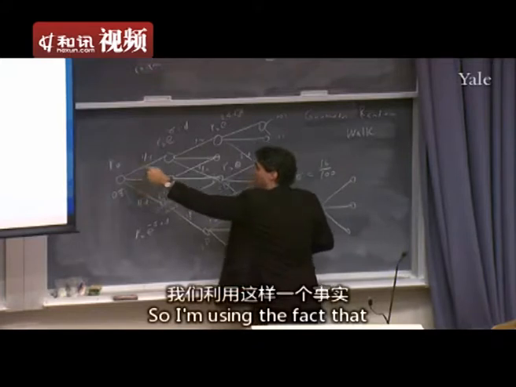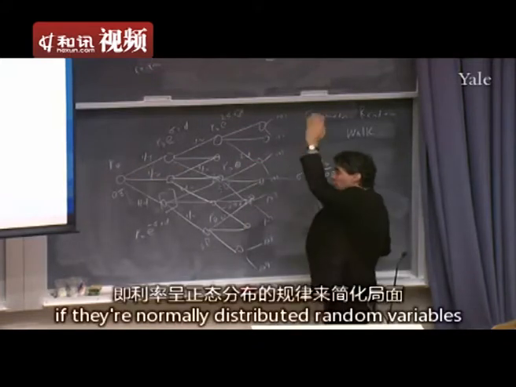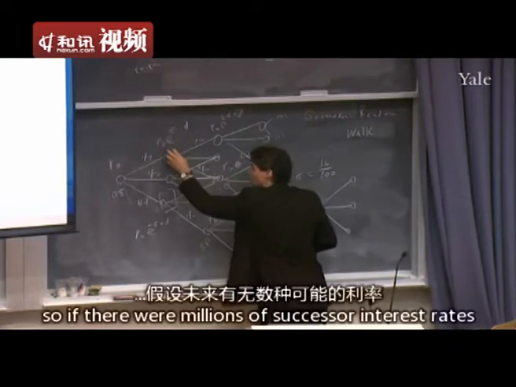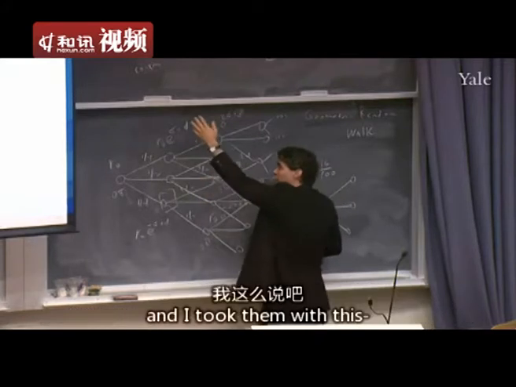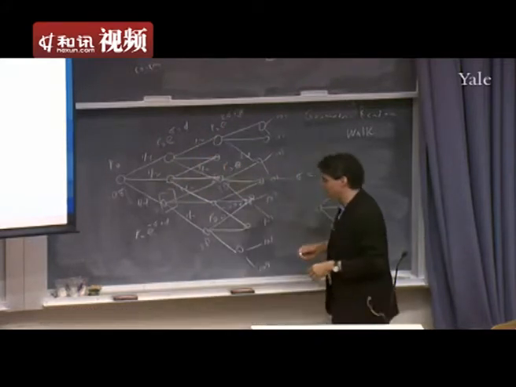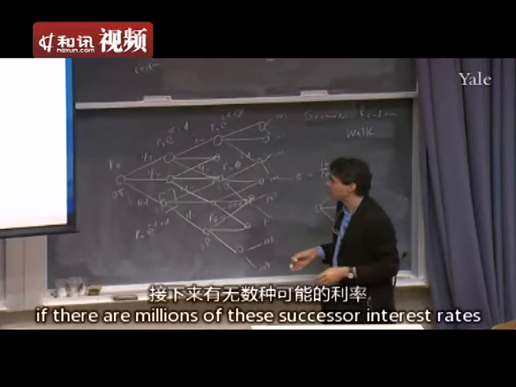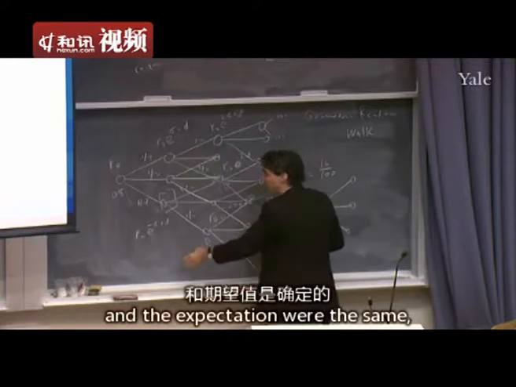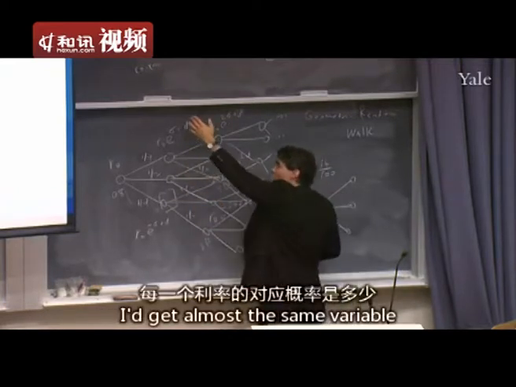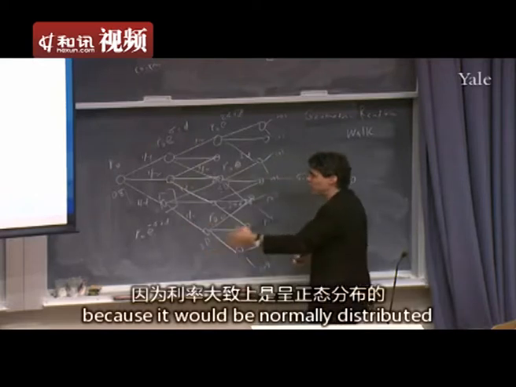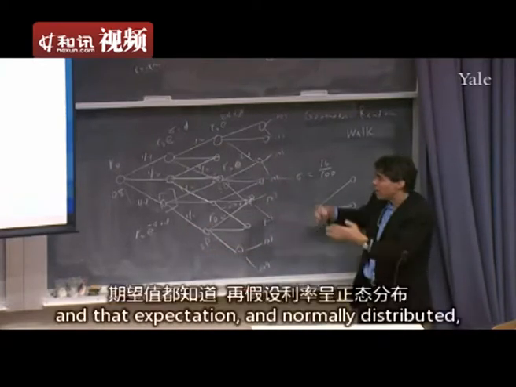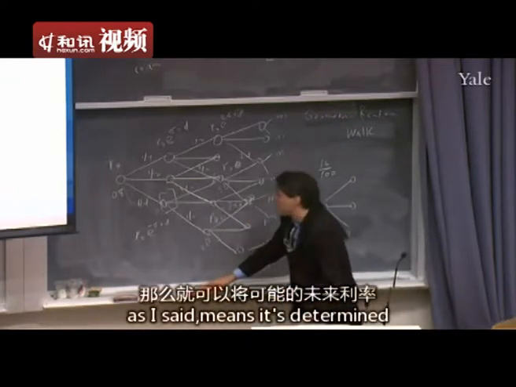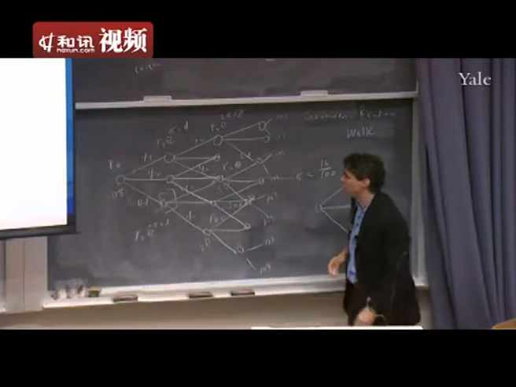I'm using the fact that if there were millions of successor interest rates, then as long as the standard deviation and the expectation were the same, no matter how I put the probabilities, I'd get almost the same variable, because it would be normally distributed with that standard deviation and that expectation. And normally distributed means it's determined by standard deviation and expectation.